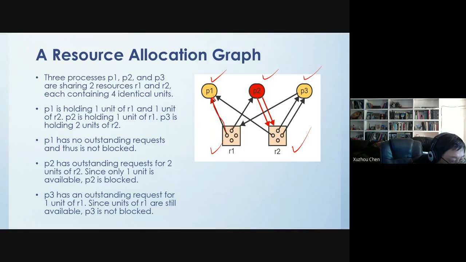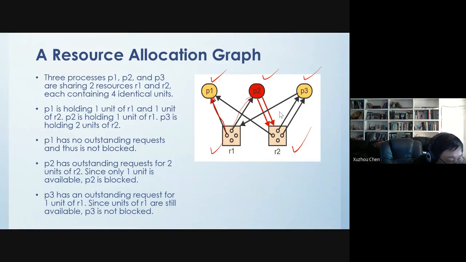P2 is also holding 1 unit of resource 1. Now, there's actually two units held for resource 1. R2: P3 is currently holding 2 units of the resource R2, and P1 is holding 1 unit of the resource R2. And there's 1 free unit for R2.